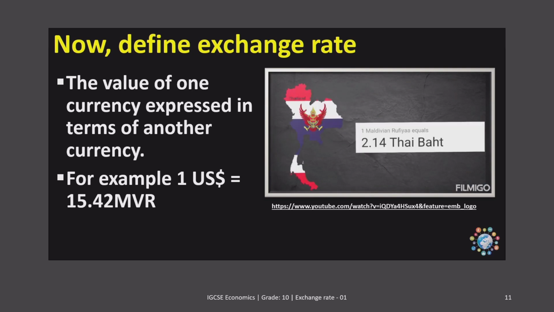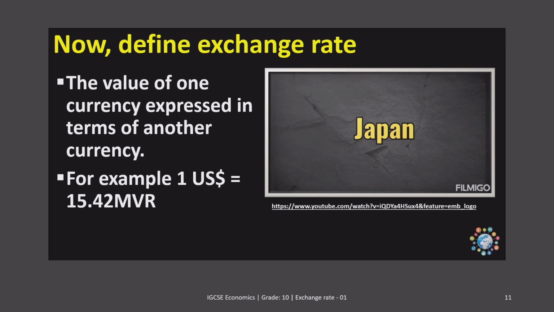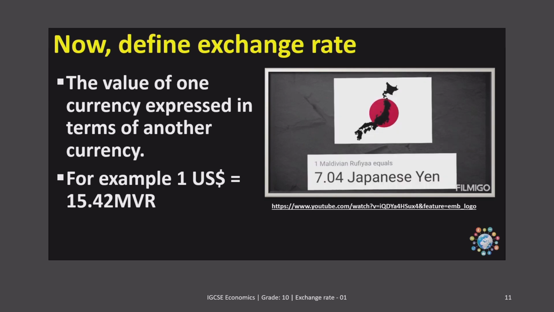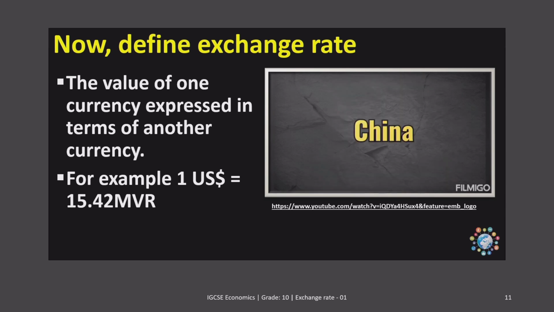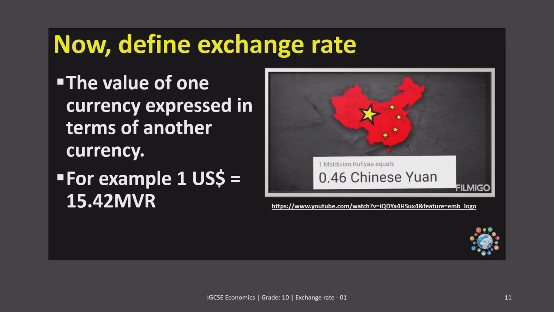Thailand, 1 Maldivian rupiah equals 2.14 Thai baht, that is Thailand currency. In Japan, it's 7.04 yen. China, 1 Maldivian rupiah is equal to 0.46 yuan.